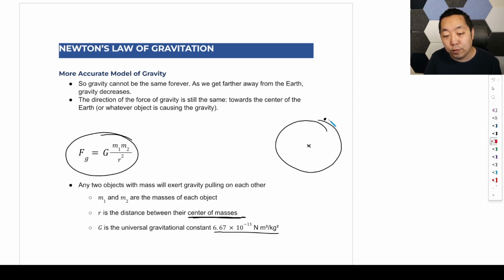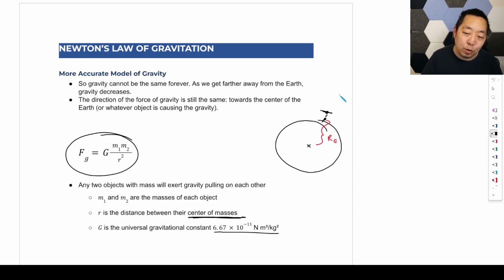So r refers to the distance between me and the center of the Earth, which is the radius of the Earth. If I go up and down on the surface of the Earth, even in an airplane, that's a very, very small difference compared to the radius of the Earth. I'm a little further or a little closer to the Earth, but the distance I am from the center of the Earth is still about the radius of the Earth.